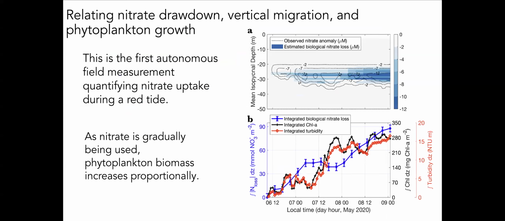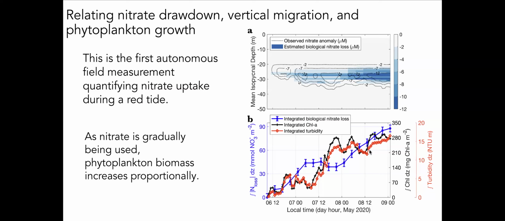And the final piece of the puzzle here is in panel B, which is a normalized comparison between the uptake of inorganic nitrogen associated with this migration, which is this panel here, the blue line, and the integrated amount of chlorophyll and turbidity. These are bulk properties that are related to phytoplankton biomass.